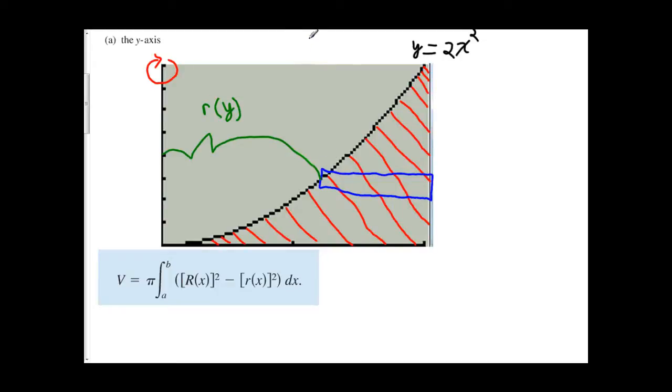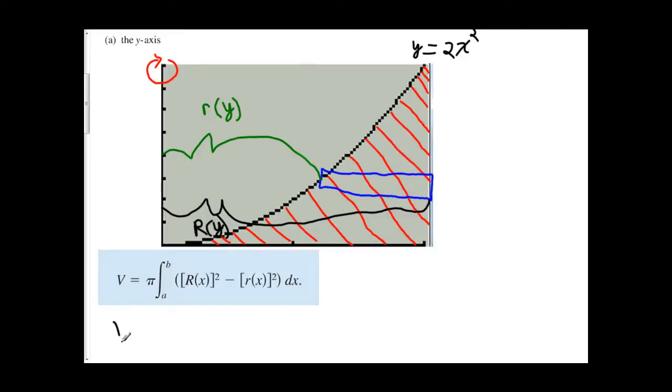The other one is the big R, which is the distance from the axis of revolution all the way to what would be the top of the disk, up here. In this case, that would be the big R of y. So we have two radii now, and we just need to come up with the description of those two with respect to y.